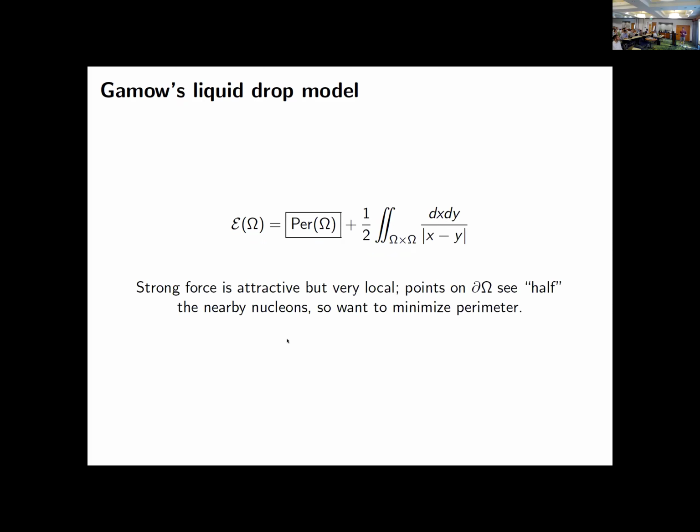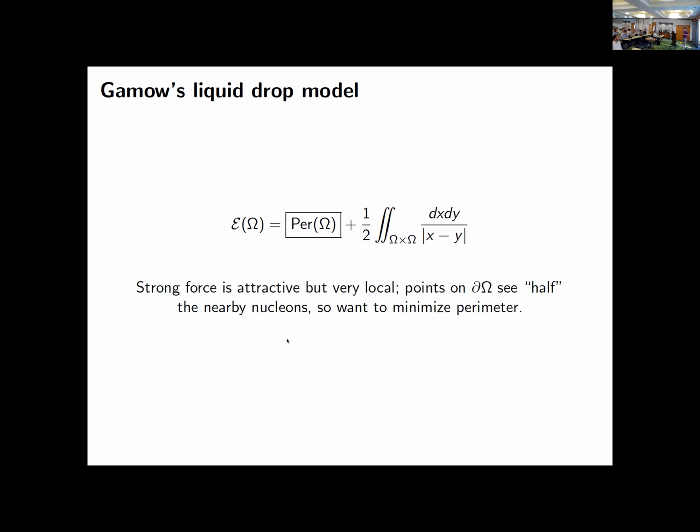The second term is the perimeter term, and Gamow justified this based on the strong force. I think the strong force is not so familiar to most mathematicians, at least it isn't to me, but the 10-second pitch is that it's a very local but very strong attractive force between atomic particles. If you're very close, you're very happy to see other particles.